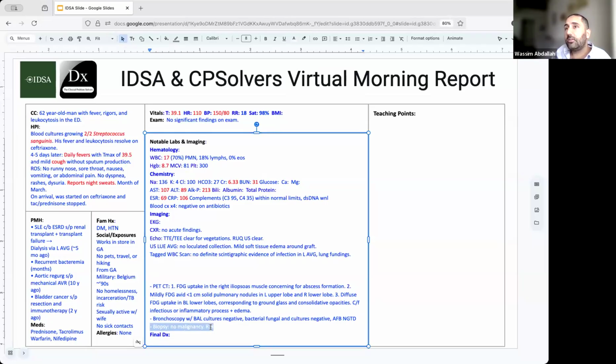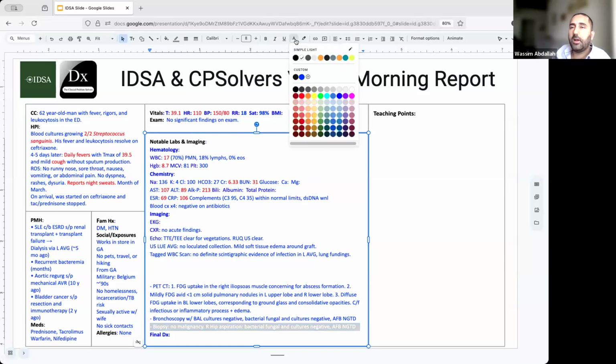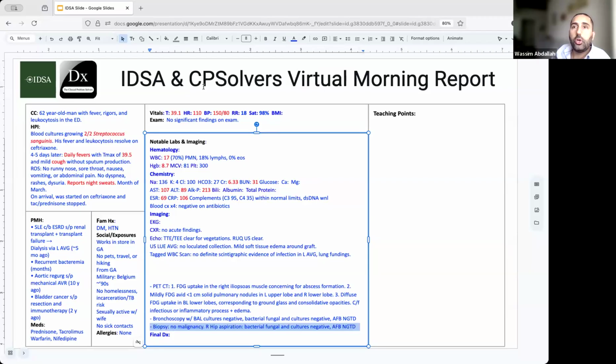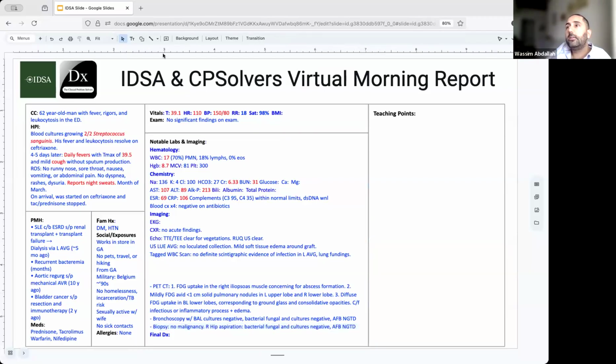The right hip aspirate culture, bacterial, fungal, and AFB, showed no growth to date. So the bacterial and fungal cultures were kind of finalized. The AFB was still also no growth to date. AFB and fungal blood cultures were sent at that time as well.